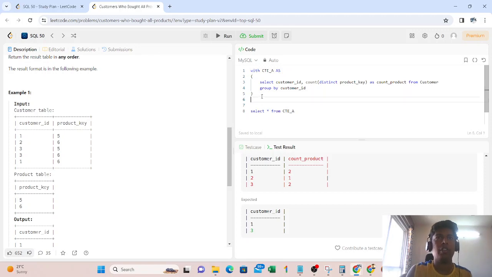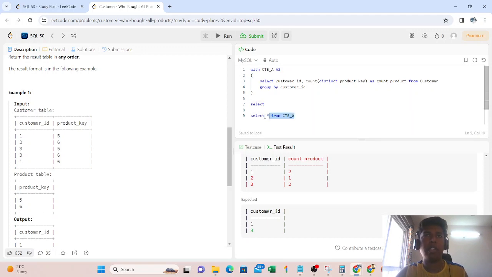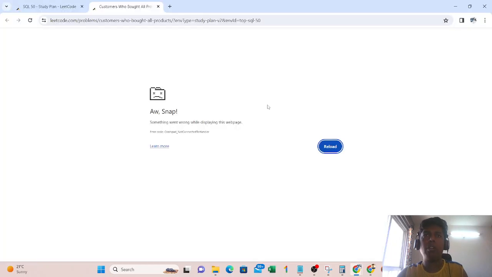Okay. So now what I will do is select, and what we have to select is select customer ID, and then from CTE A. Now you will ask why I'm not using an alias here.